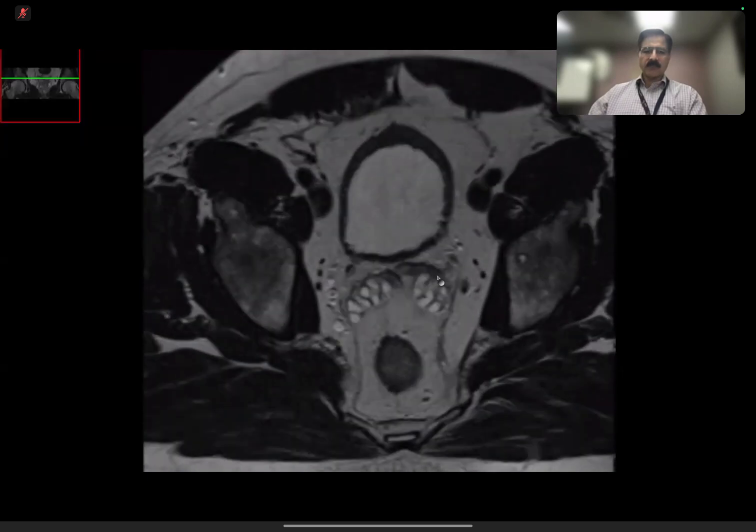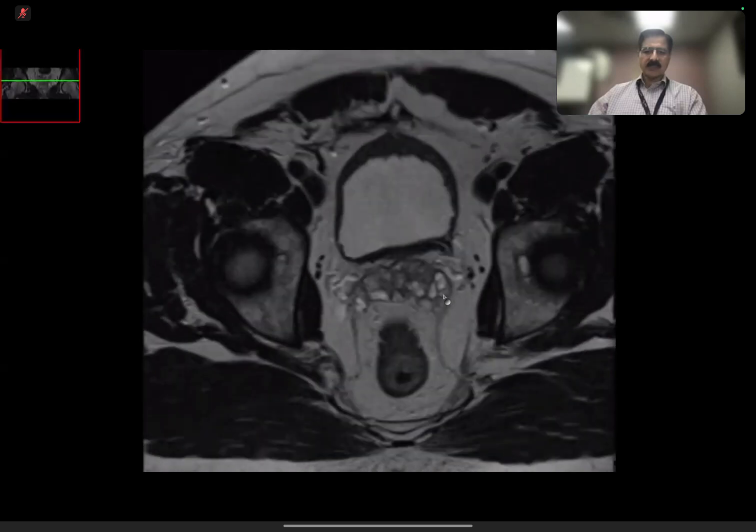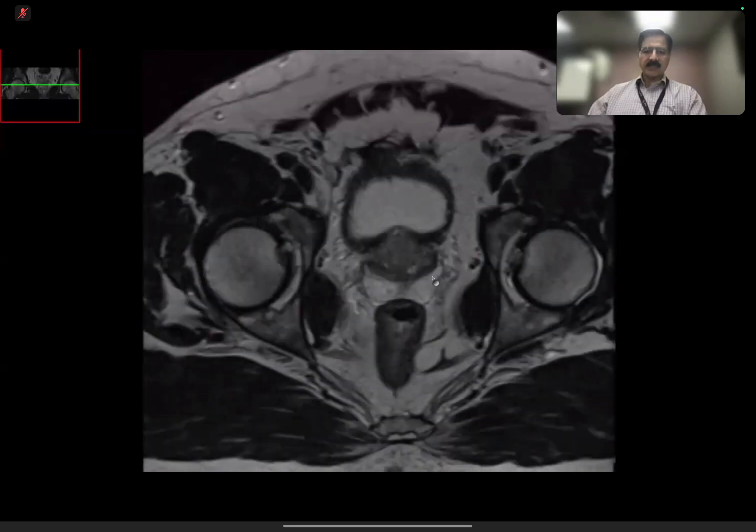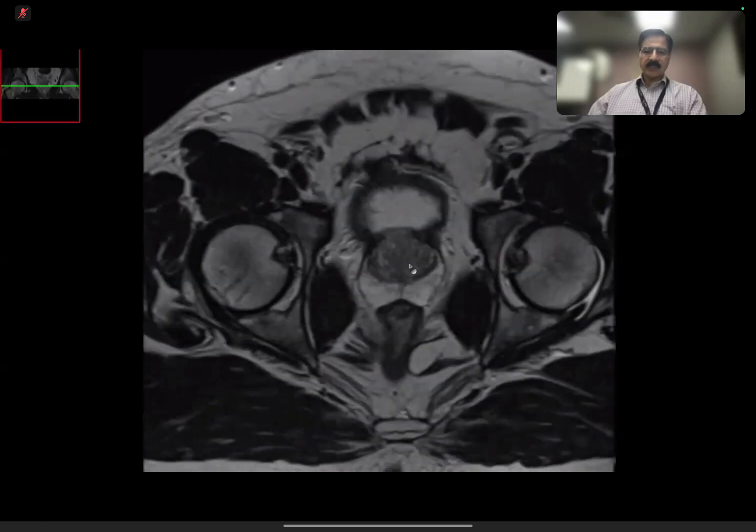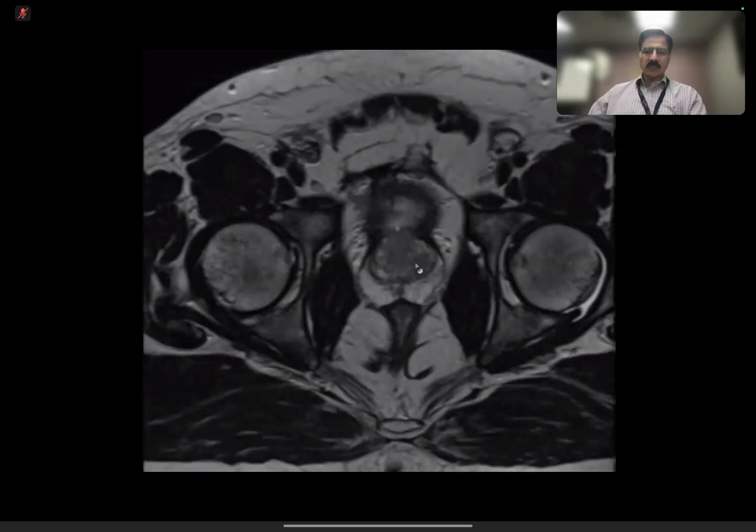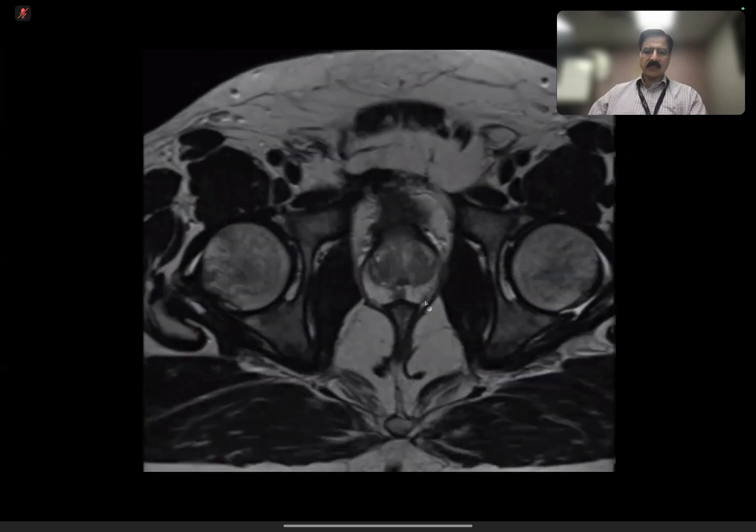As I come inferiorly, you can see these two seminal vesicles, and then the prostate comes into view. And you can see that posteriorly, this is the peripheral zone, and there is a bit of hypertrophy of the transition zone. So this is the transition zone, and see that this is low signal.